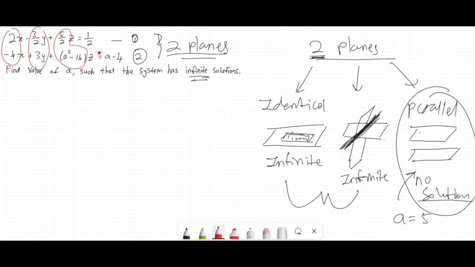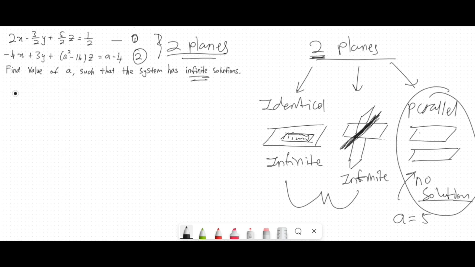It doesn't matter what's behind the equals part. We are only interested in the coefficients of x, y, and z. So since they should be different by a factor, let's observe. Notice how equation number 1, if I multiply it by negative 2, will turn into equation number 2.